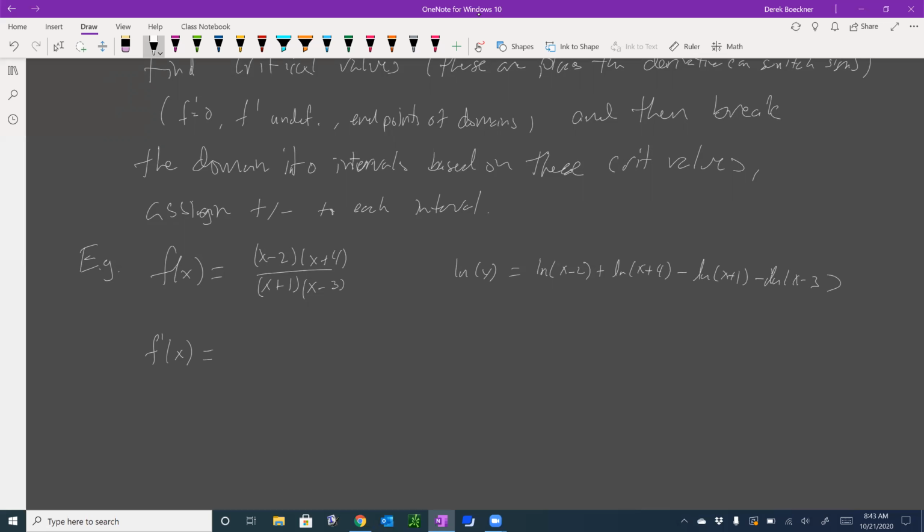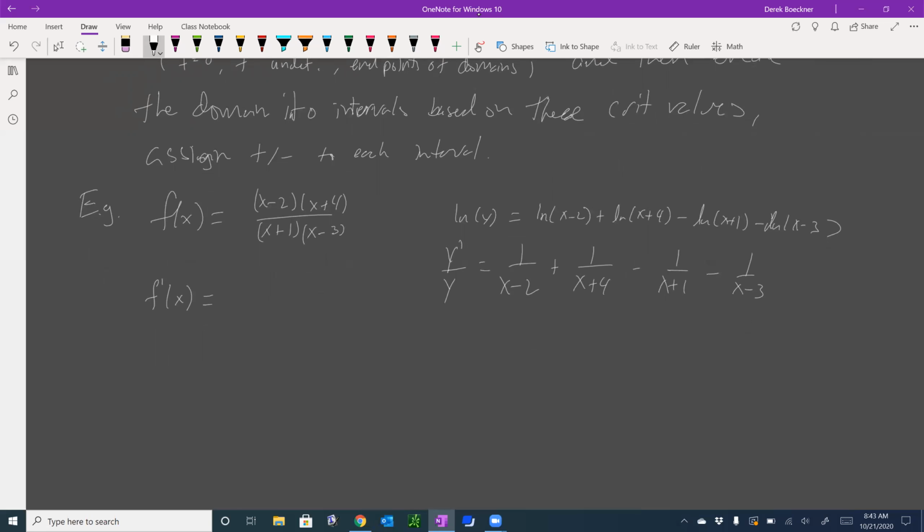Okay, so I get that y prime over y equals 1 over x minus 2 plus 1 over x plus 4 minus 1 over x plus 1 minus 1 over x minus 3. And if I multiply everything by y, the x minus 2 and the x minus 2 cancel in the first term. We good with that?